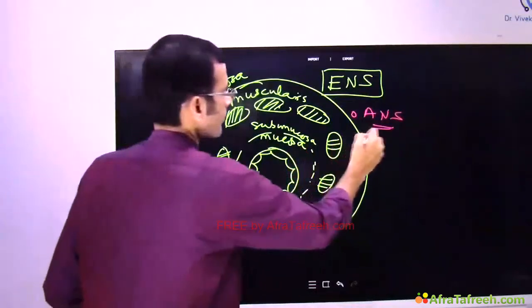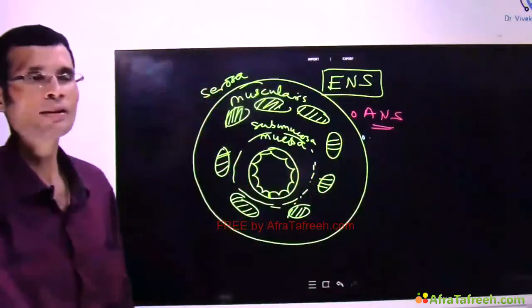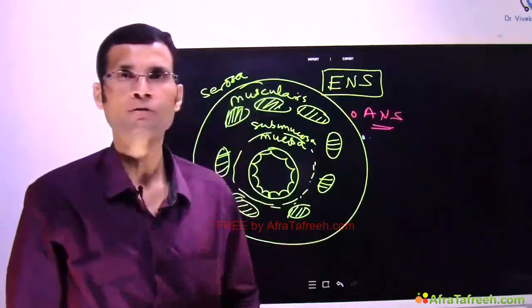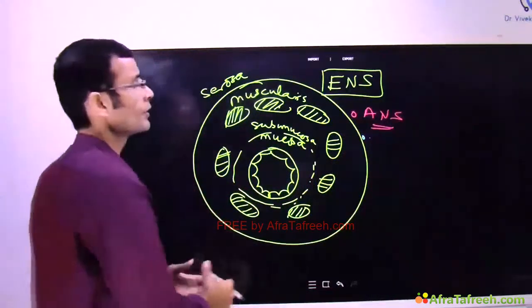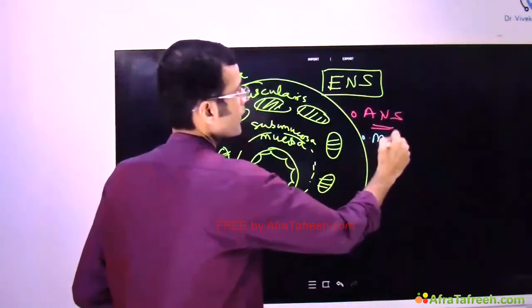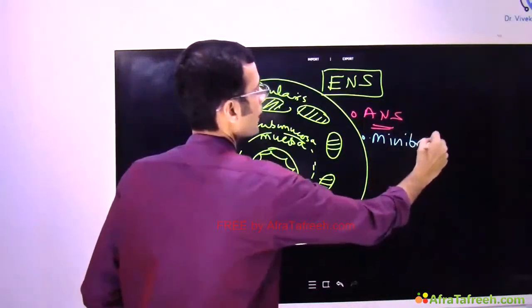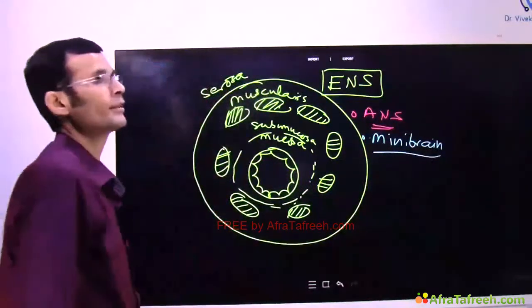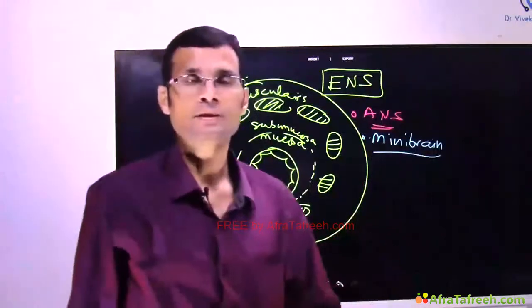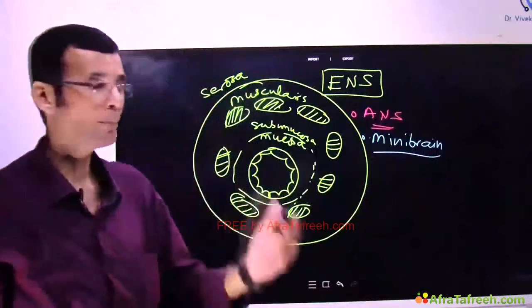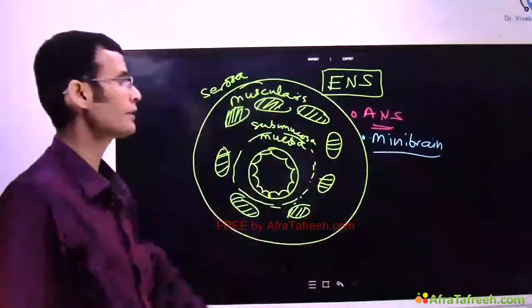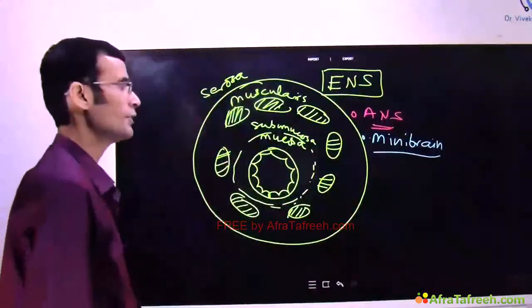Second point, ENS is such an extensive network of neurons that it is sometimes called the mini brain or peripheral brain. Just as there is a peripheral heart, the calf muscle, gastrocnemius and soleus, there is a peripheral brain or mini brain, the enteric nervous system, the innervation in the digestive tract.